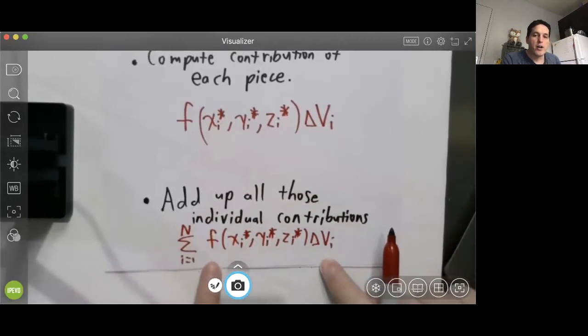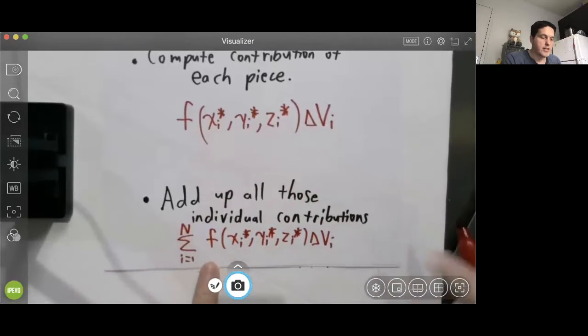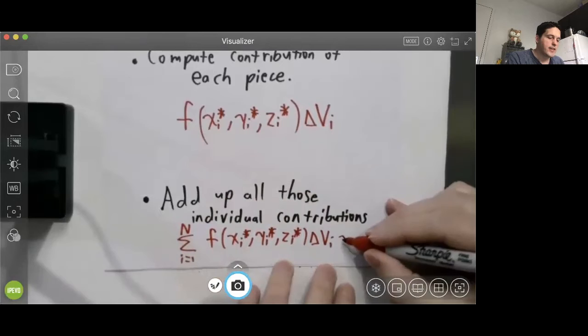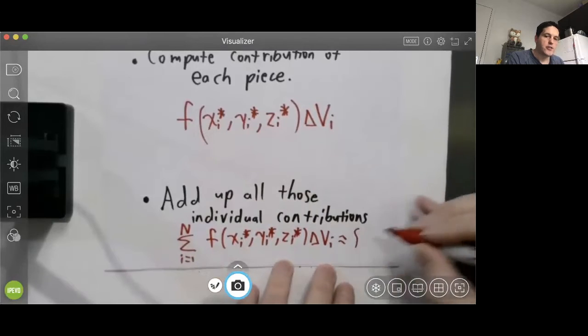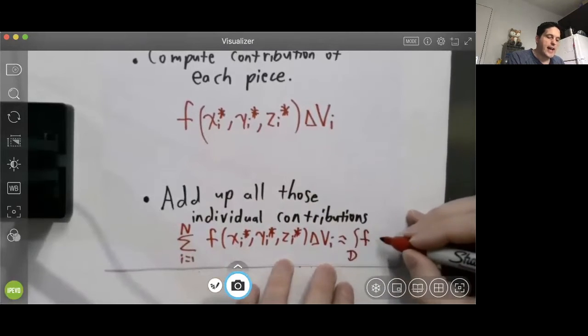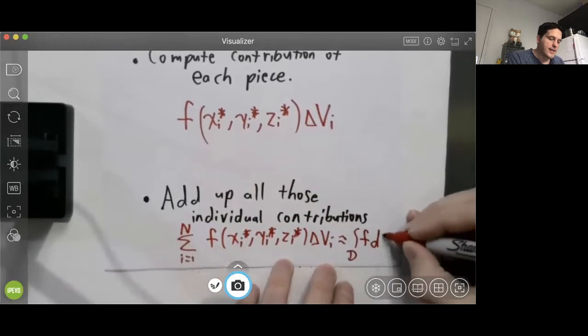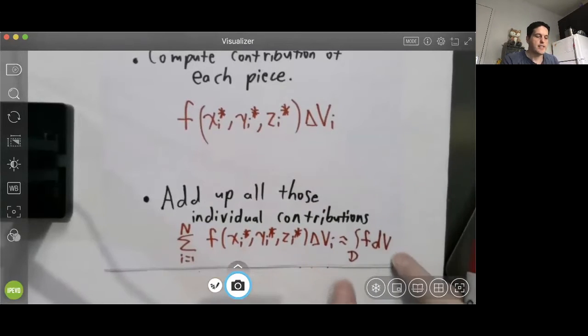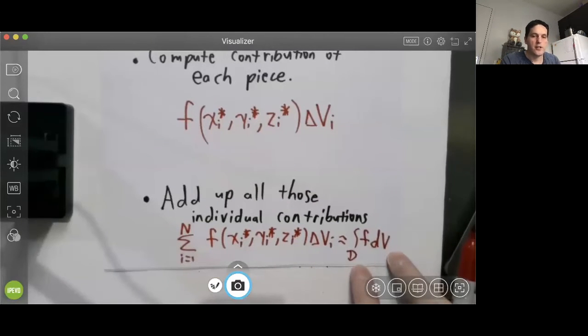We add up all these individual contributions, and this sum is what we call the integral over D of f dv. This is the notation we use, the integral over our three-dimensional region D of the function f dv. This notation dv indicates that we're doing a volume integral.